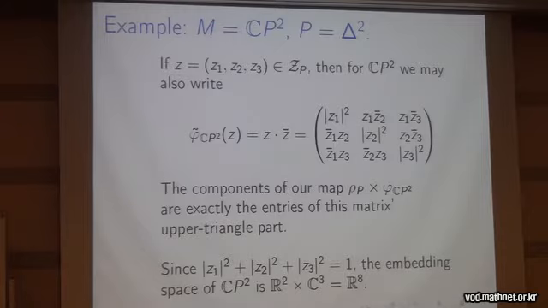Since the sum of squares is 1, the embedding space is R2 times C3 equal to R8. So the result is that CP2 can be T2 equivariantly embedded into the Euclidean space R8. I don't know whether it's new, but the fact itself is funny.